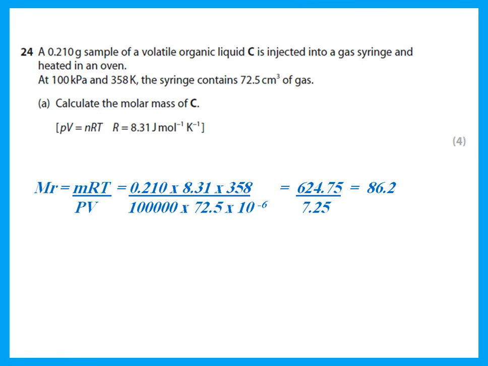The pressure that should be put in here should be in Pascals, so I multiply it by 1,000. He gives the volume in centimeters cubed. I want it in meters cubed, so I multiply by 10 to the minus 6. Now, doing this with a calculator properly without making a mistake, you get the Mr is 86.2.